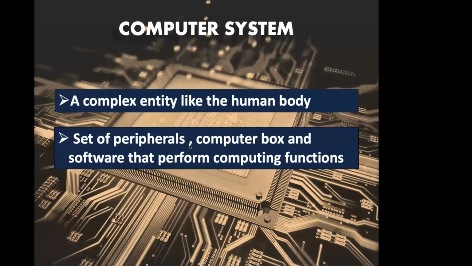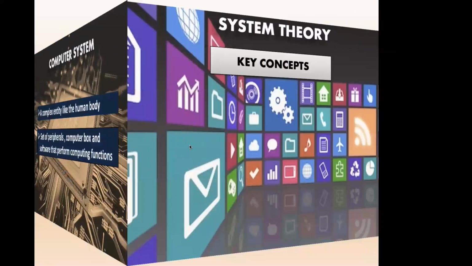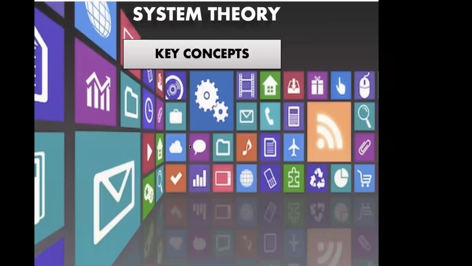Every functioning computer is a system. That is, it is a complex entity like the human body, consisting of an organized set of interconnected components or functions that perform together as a unit to accomplish results that one part alone could not. System theory provides the conceptual basis for understanding complex entities that consist of multiple interrelated parts working together to achieve a desired result.